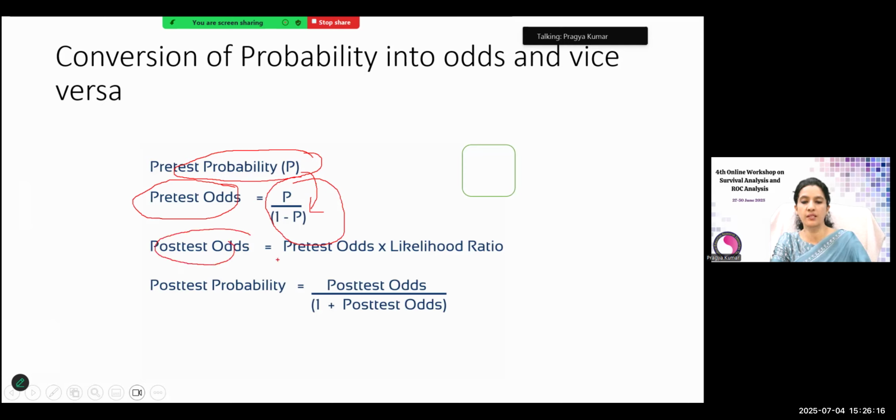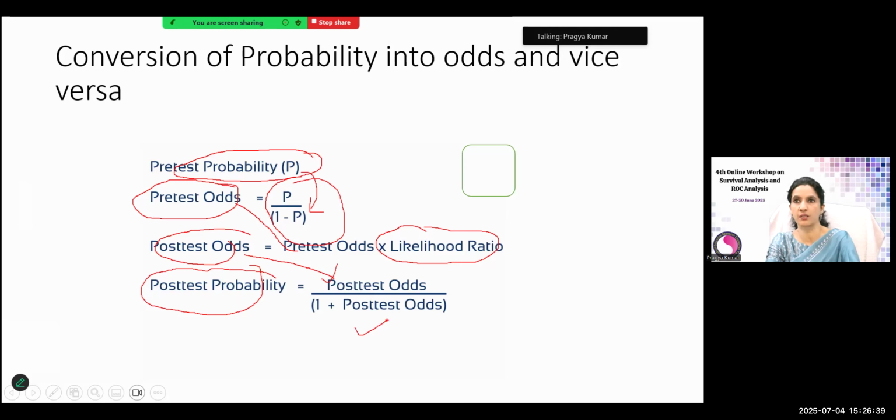So post-test odds is calculated using this formula: pre-test odds and this likelihood ratio positive, if we are calculating for the positive one. And then you calculate the post-test probability, where you put this post-test odds in the numerator, and in the denominator you do 1 plus post-test odds.